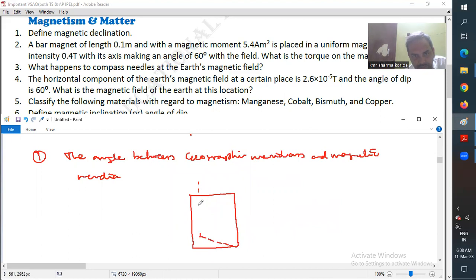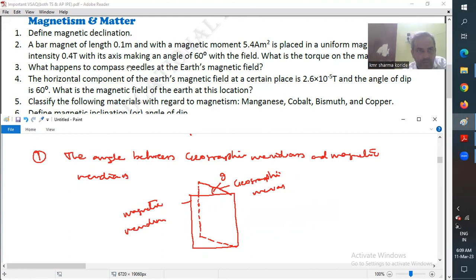Treat this as the magnetic meridian and this as the geographic meridian. The angle between these two, let us say theta, is called declination.